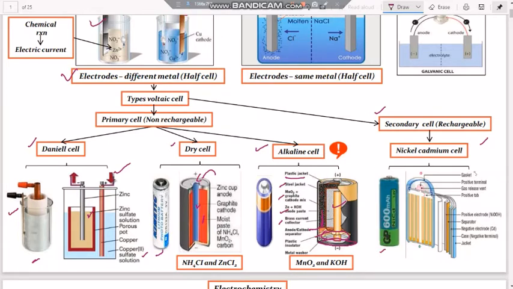There is a gasket, a positive terminal, a gas release vent, and a positive tap. Here we have a positive electrode, the nickel electrode, and separators for the anode and cathode. The negative terminal is also present here, and finally it is covered with a jacket and a gasket.